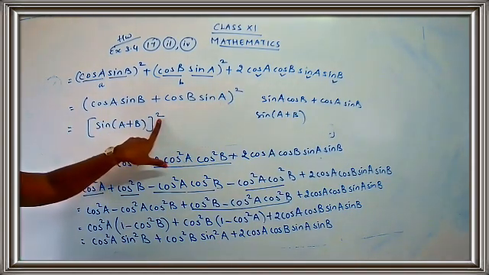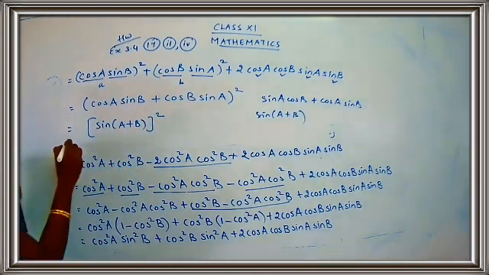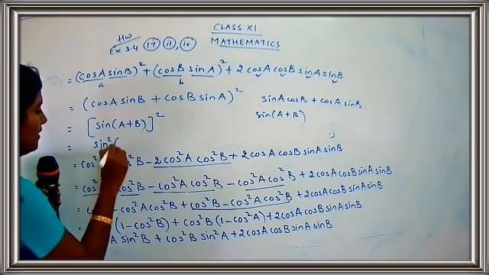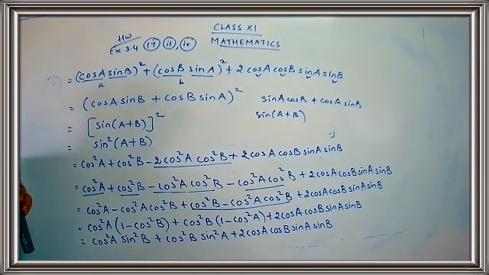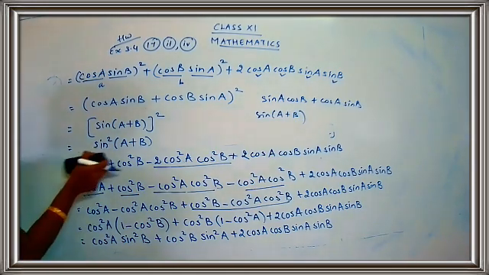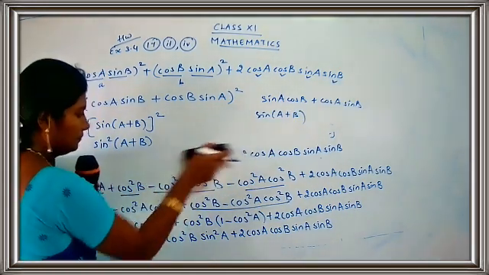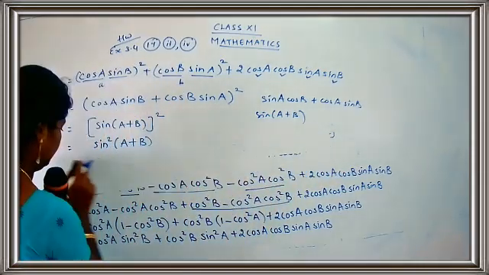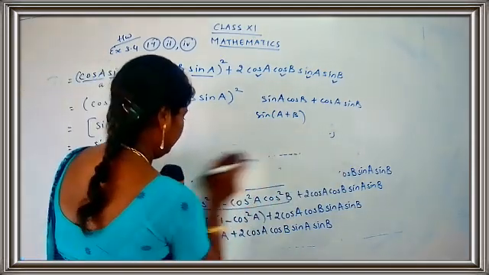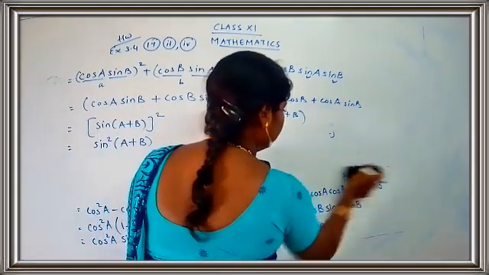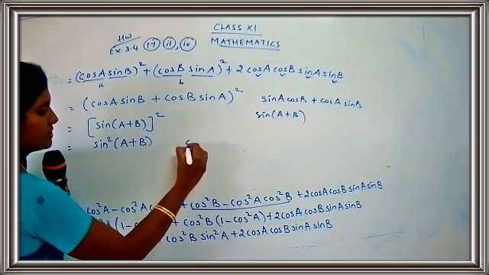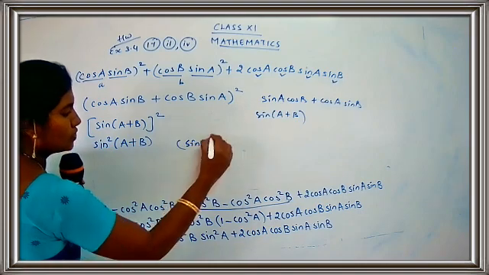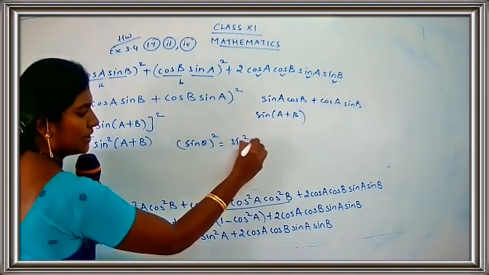But I want the answer as sin square of A plus B. Very simple. I'm just going to put the power over here. I've already told you that sin theta the whole square is equal to sin square theta, one and the same.